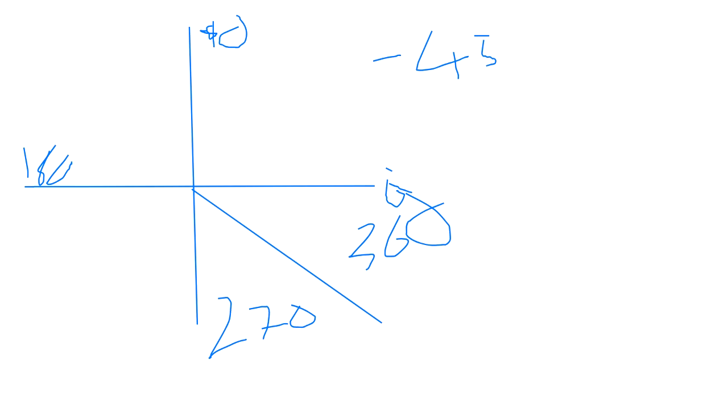So now our angle, because it is negative, we go in the negative direction. Here is going to be 45. Now the closest x-axis to 45 is 0 degrees.